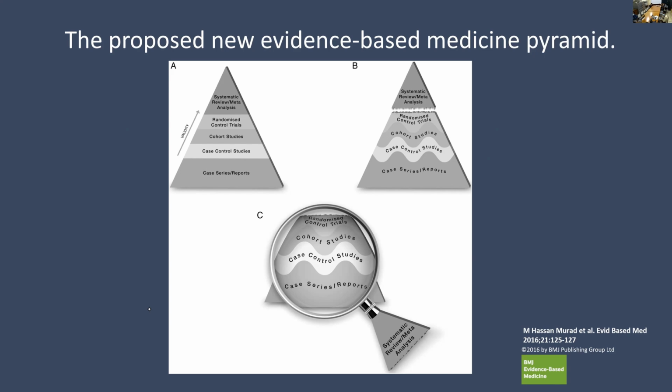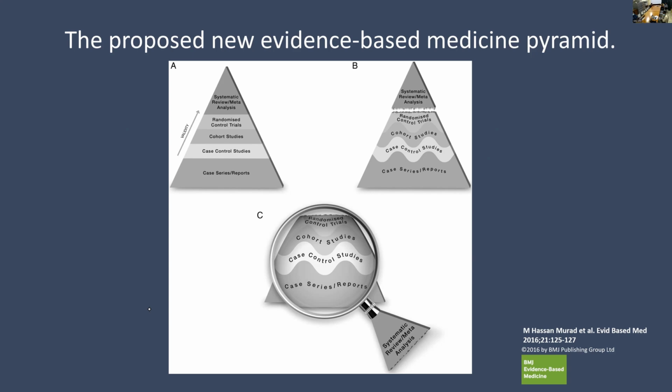Earlier we were giving the importance solely to the type of study design. Once GRADE came into the picture in the early 2000s, they realized that it is not just the study design, but also various methodological limitations. One is imprecision, which is basically how small or how wide the confidence interval is.